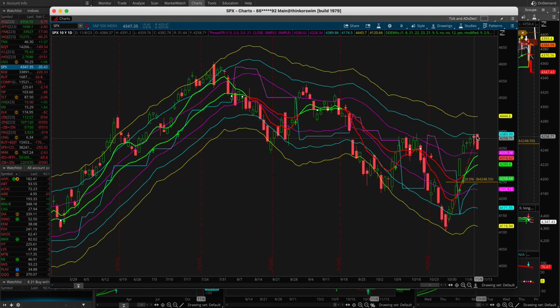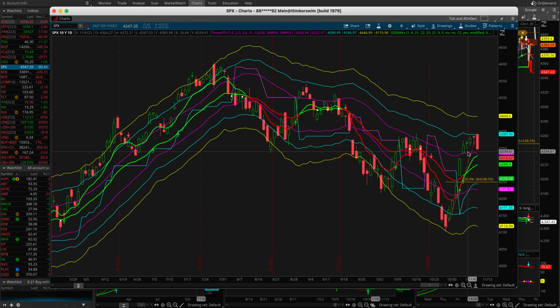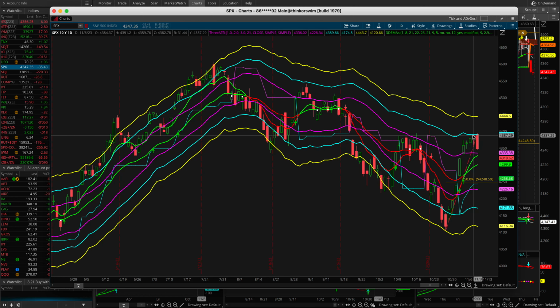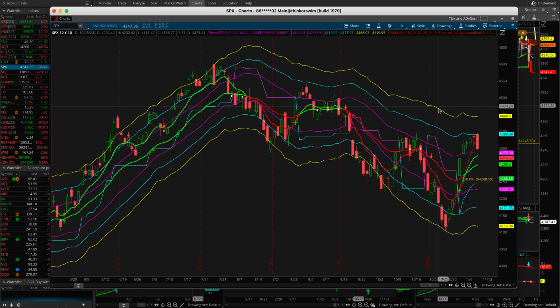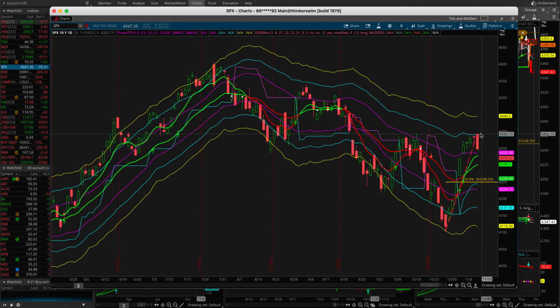So we've crossed back to the upside on these moving averages. We're on the upper side of the average true ranges. These are Keltner channels put together, so it's a 1, 2, and 3 standard deviation. And you can see we're getting a reaction off of the second Keltner channel.